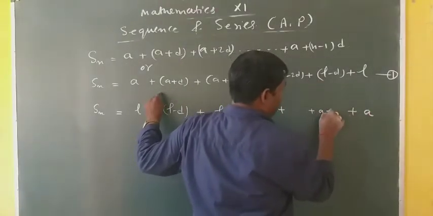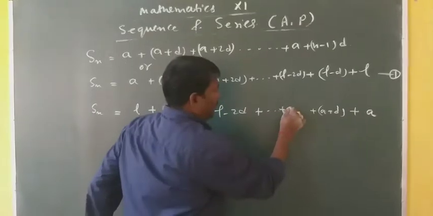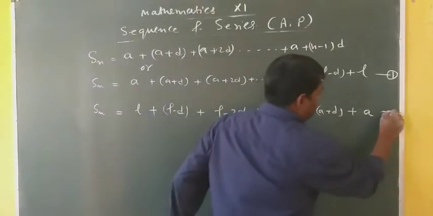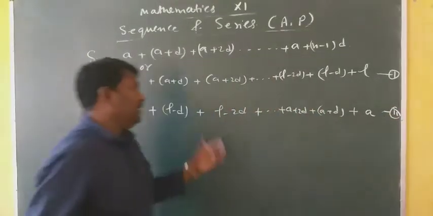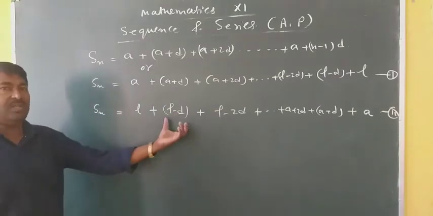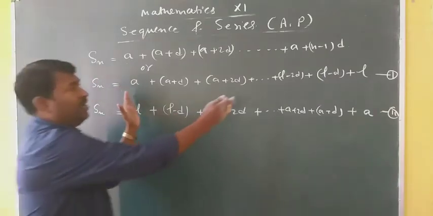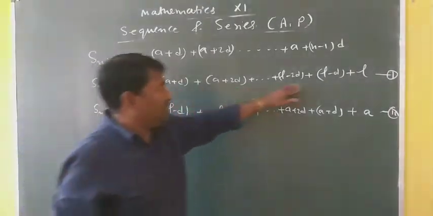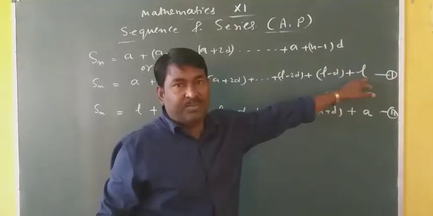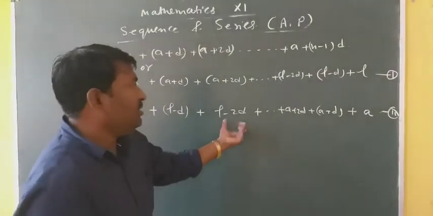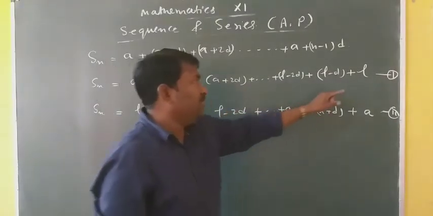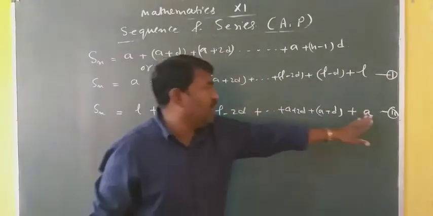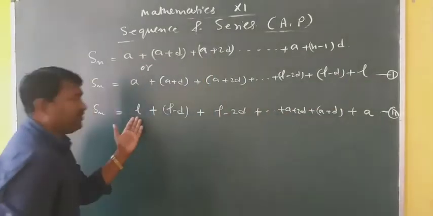Here a plus d, here a plus 2d, equation number 2. The same sequence I have written here also, but only the order is reversed. Means here it is a sequence, that is arithmetic progression, and in the second one the same thing is repeated, but this first term I have written last and the last term written first.